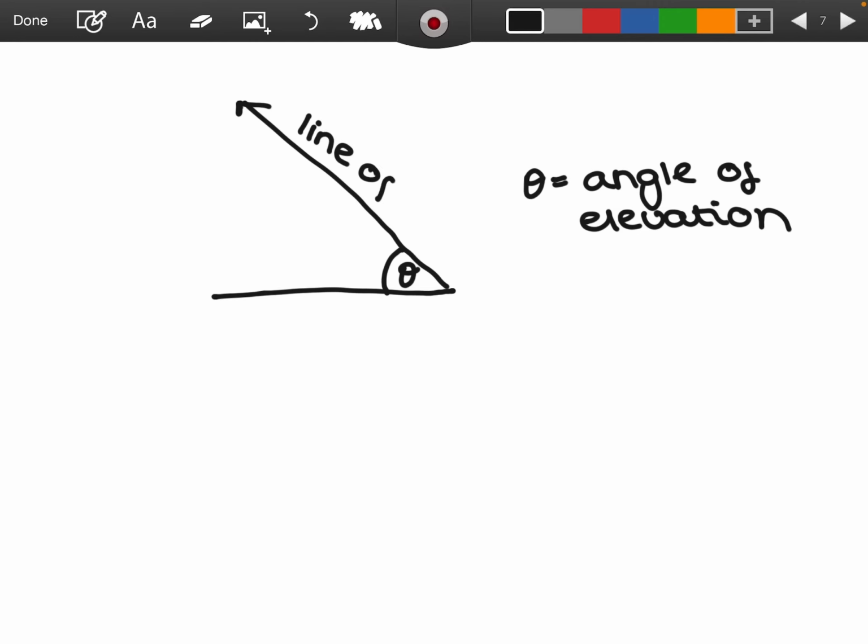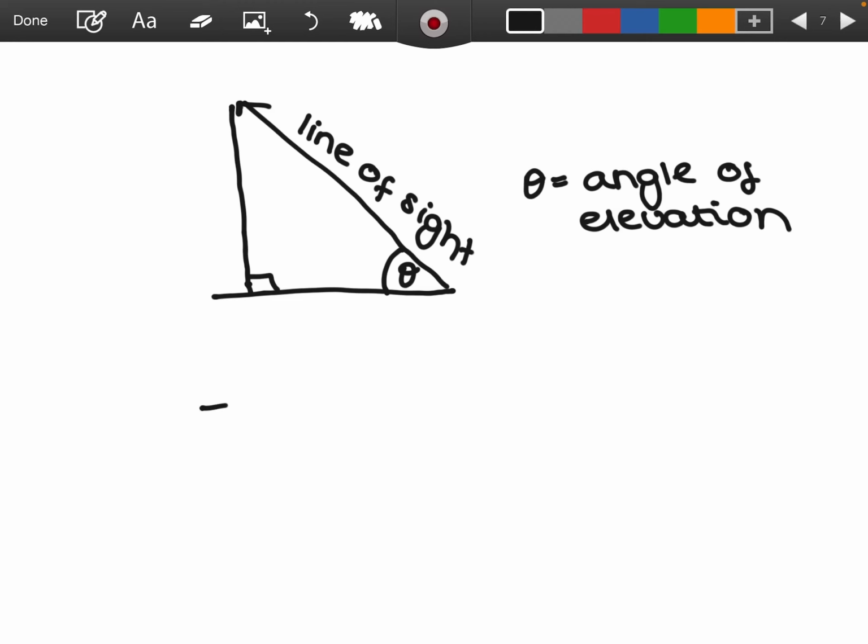So if this line here is the line of sight, looking upwards from the horizontal, then that theta is called the angle of elevation. And you can see here that we could make a right triangle out of this, with that angle of elevation being next to that horizontal and the line of sight.